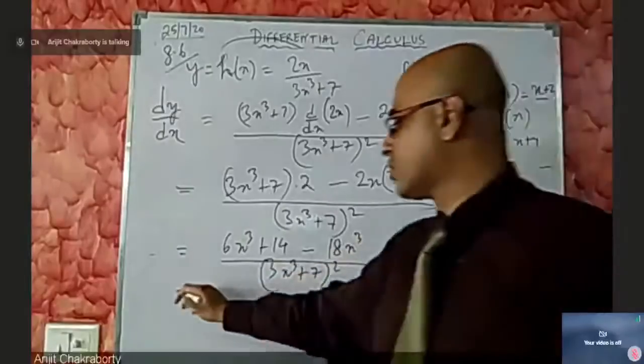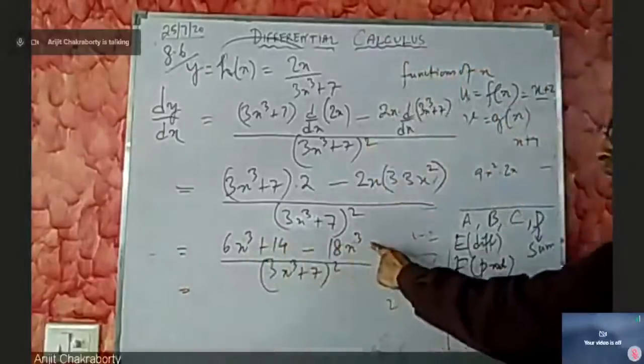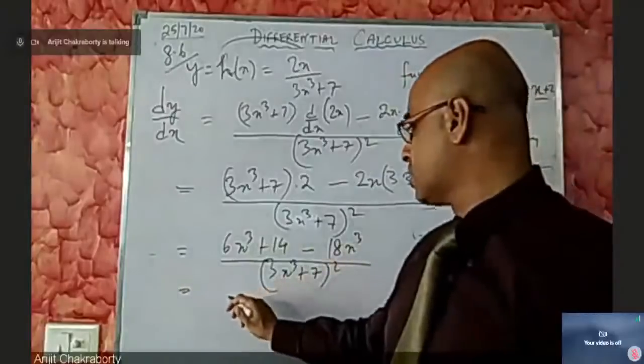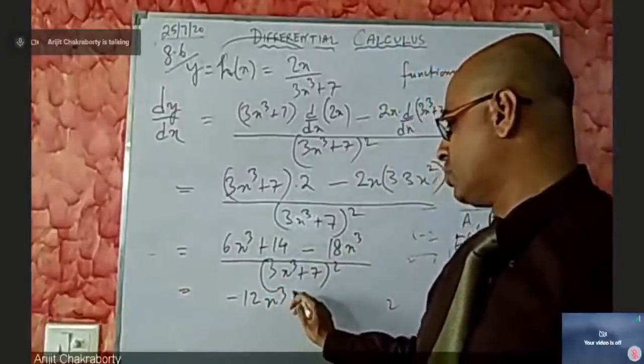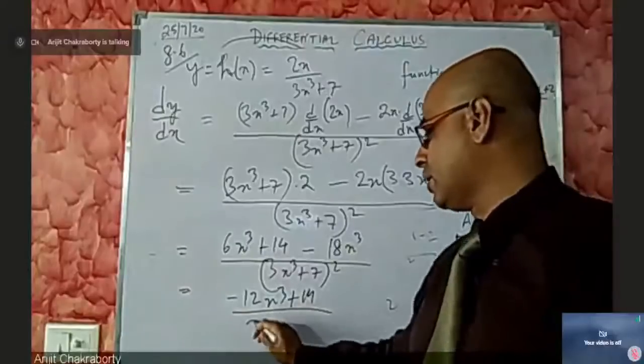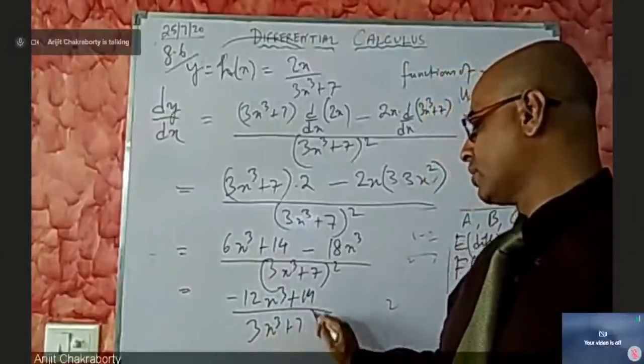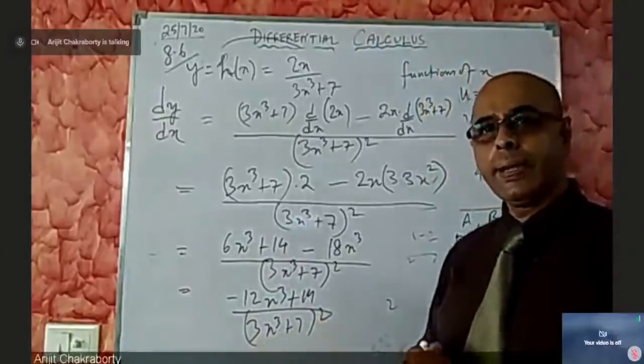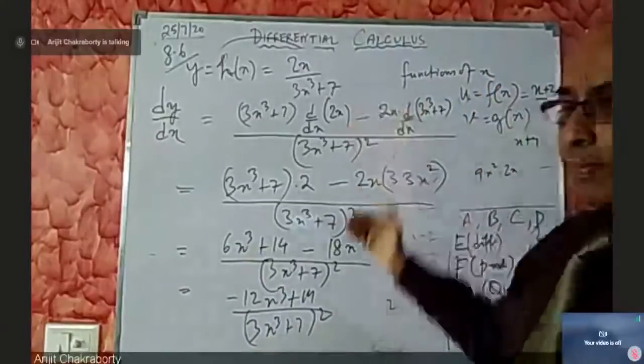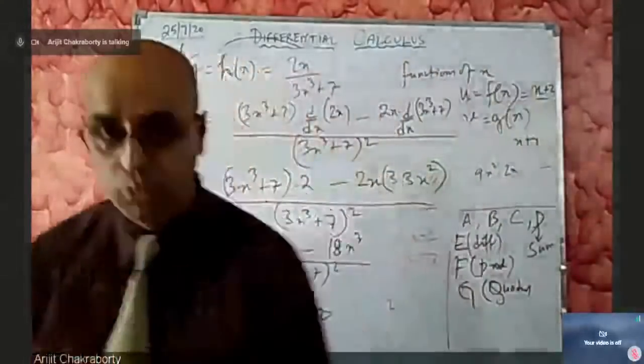So if you simplify, this becomes 6x cubed minus 18x cubed, that is, it becomes minus 12x cubed plus 14 divided by 3x cubed plus 7 whole square. Okay? So this gives you the full application of the quotient of two functions.